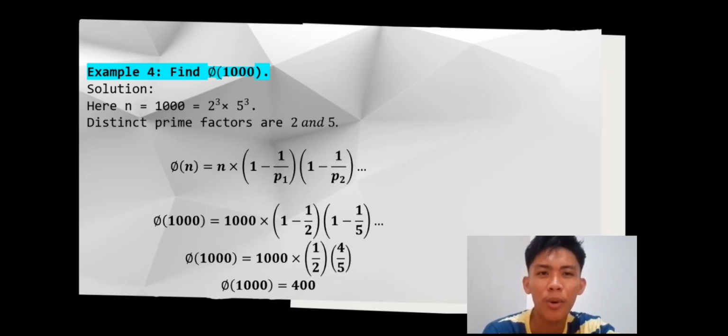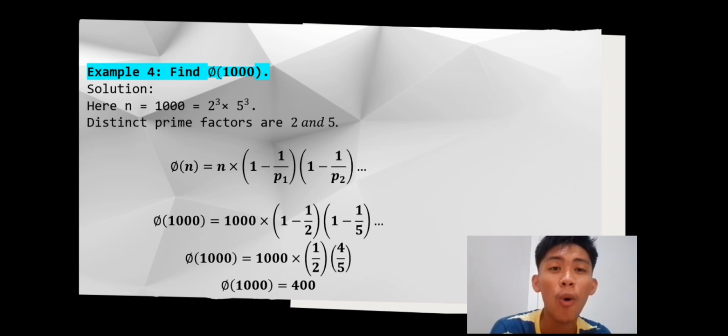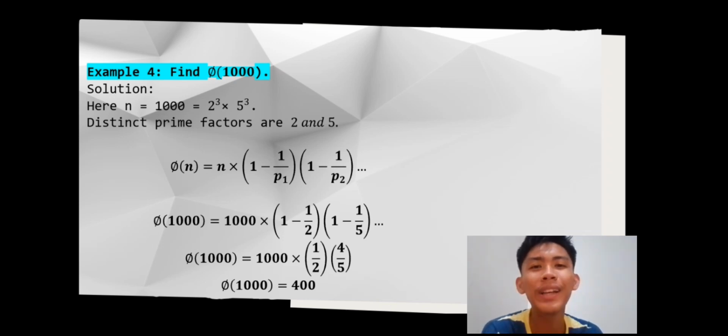And now let's proceed to our fourth example. Our n here is 1,000 because we will find phi of 1,000. In this example, class, we can use the third case. According to the third case, we can use the formula phi of n is equal to n times the quantity of 1 minus 1 over p sub 1 times the quantity of 1 minus 1 over p sub 2, and so on and so forth.